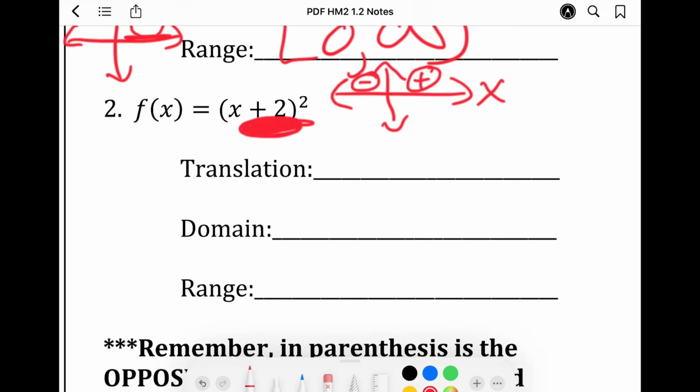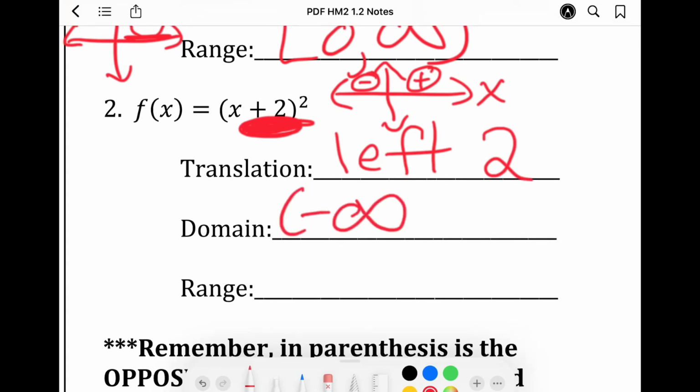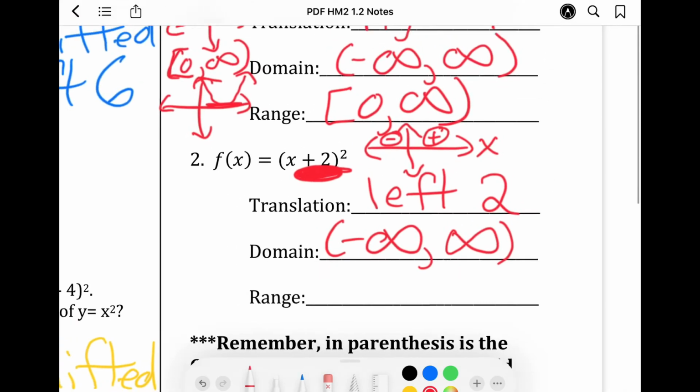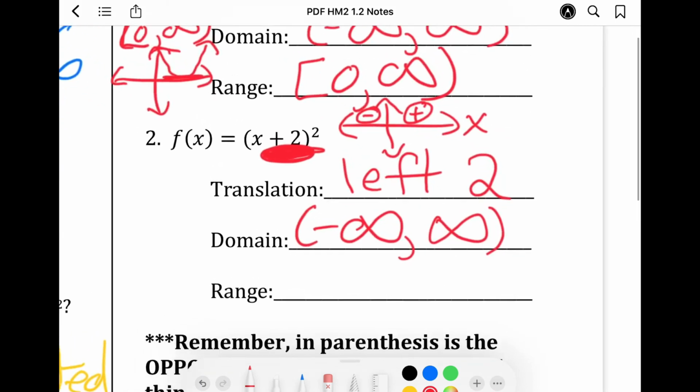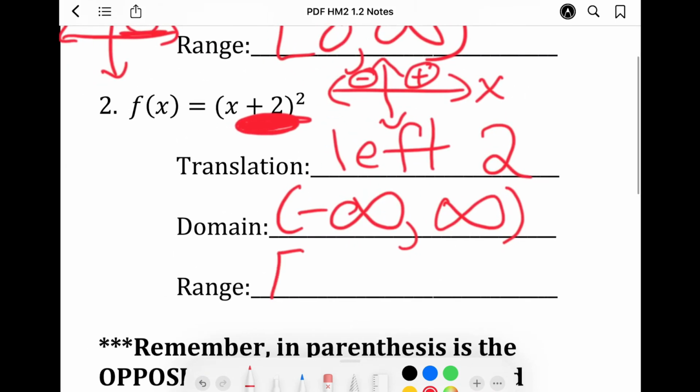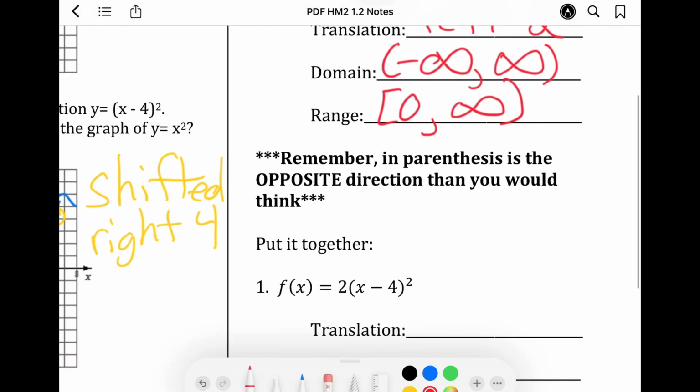We've got a positive on the inside with the x. So we're going to be moving away from all the positives. So we're going to be moving left 2. Our domain, always. In our range, same situation with the first one. If we move left and right, it's not going to change our y values. So we're going 0 to positive infinity.